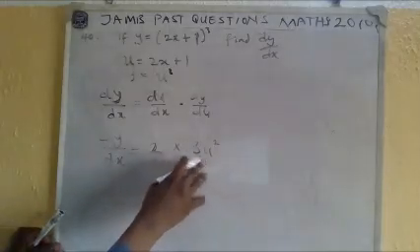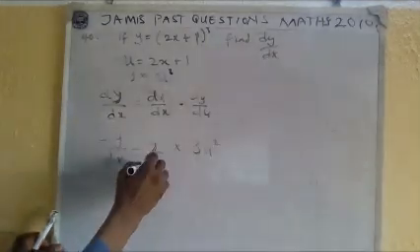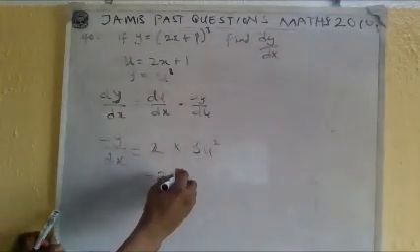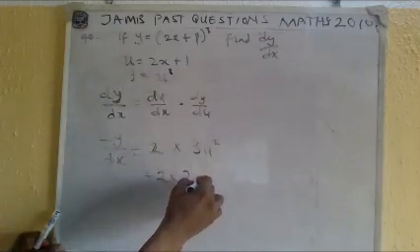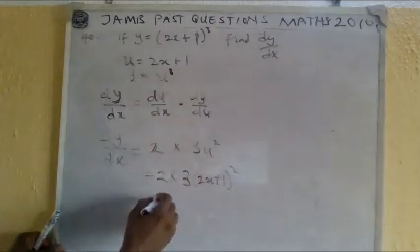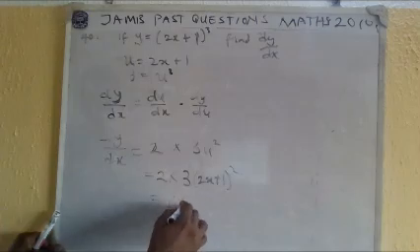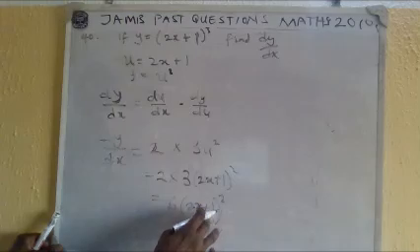But we don't have anything expressed as u in this function, so we just replace it. 2 times 3, u is what? 2x plus 1 all over 2. So the final answer is 2 times 3 is 6, 2x plus 1 raised to the power 2.